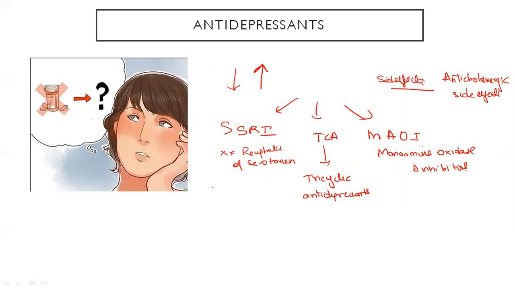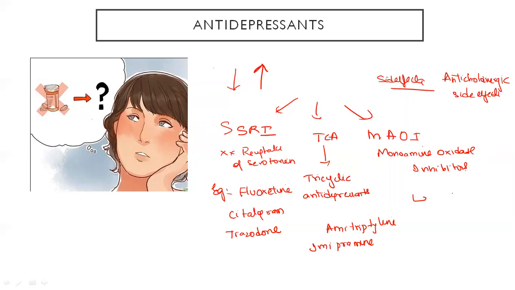Examples of selective serotonin reuptake inhibitors are fluoxetine, citalopram, and trazodone. Tricyclic antidepressant examples are amitriptyline and imipramine. Monoamine oxidase inhibitor examples are phenelzine and tranylcypromine. So this is about antidepressants.